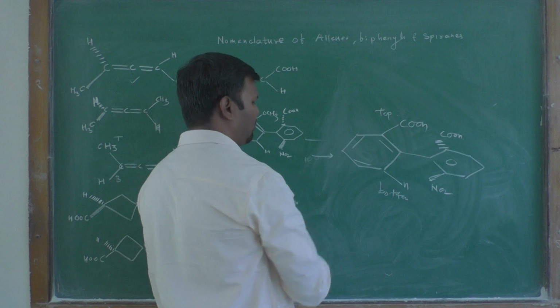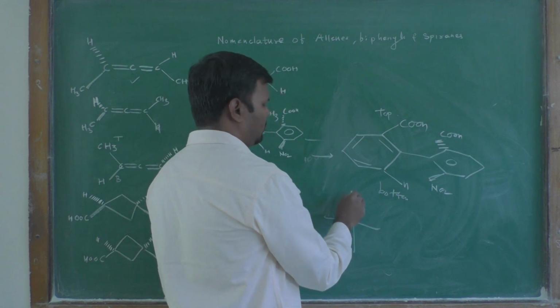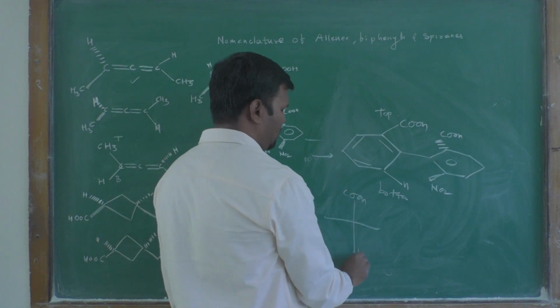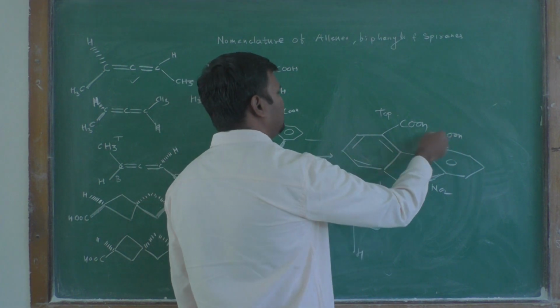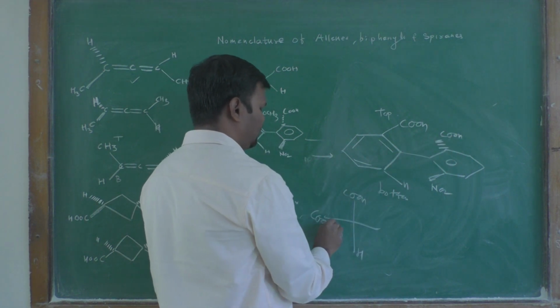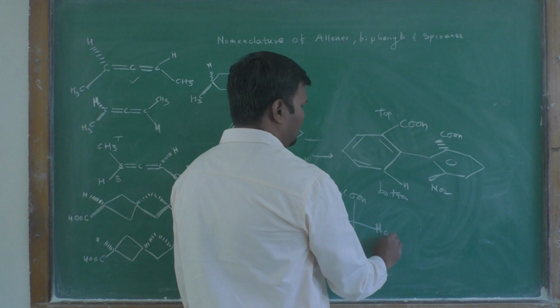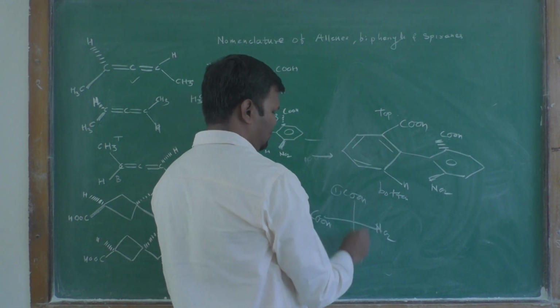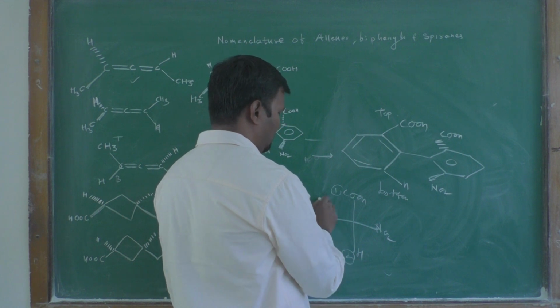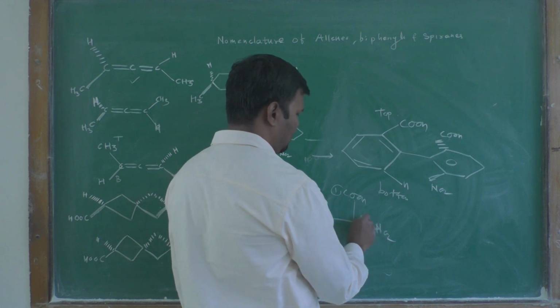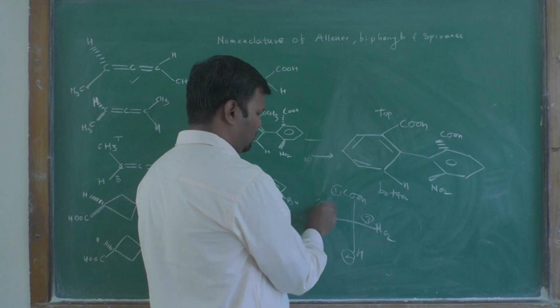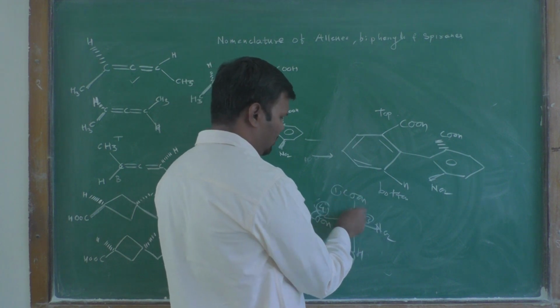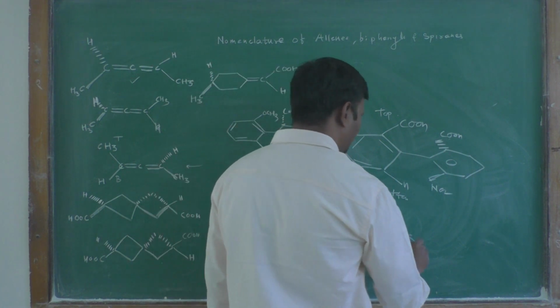If you firstly look from that side, you find the COOH is at the top and hydrogen is at the bottom, and COOH is on the left hand side, and NO2 is on the right hand side when you look from this side. Therefore you have to give the naming first. 2, 3, sorry, nitrogen is the 3 and the 4th. Therefore 1, 2, 3, your configuration should be S type.